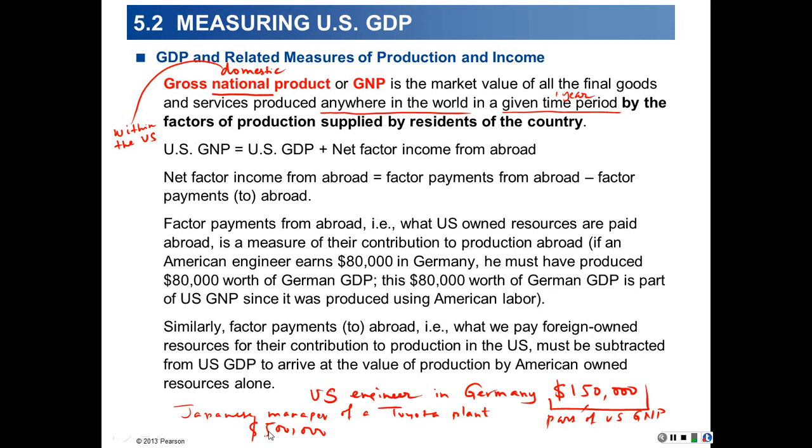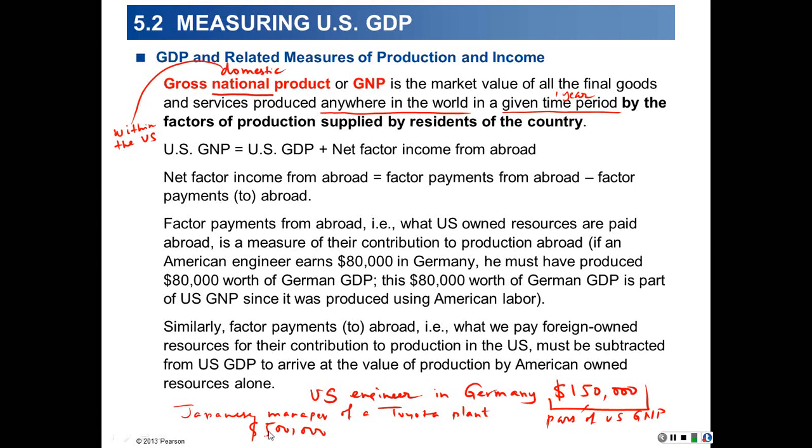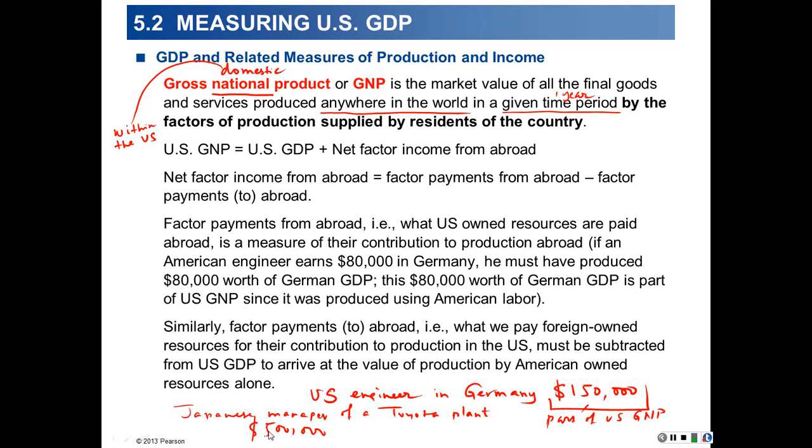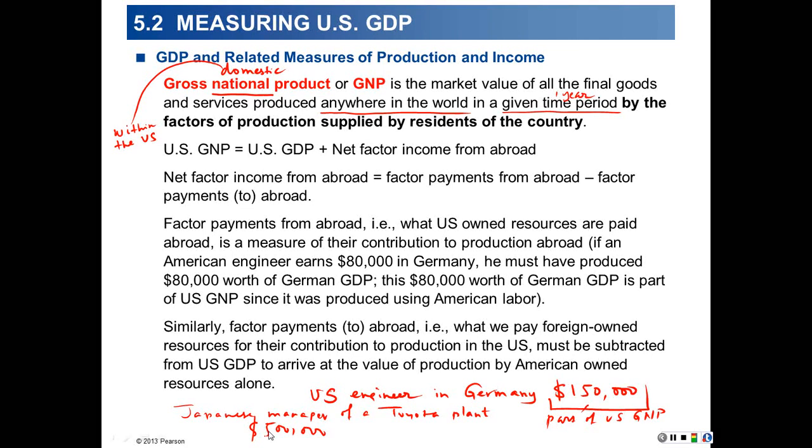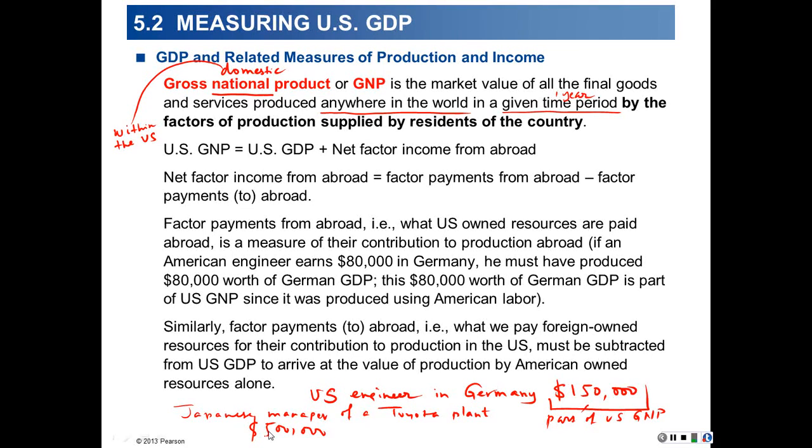Now, how do we count this? He's being paid $500,000 because, presumably, that is his contribution to production here in the US. Is that correct? Now, this 500,000 would be part of US GDP because it is production taking place within the boundaries of the states, right?